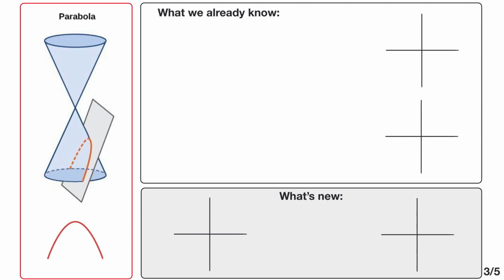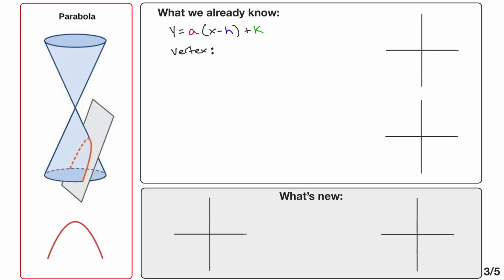The graphing form of a parabola is y equals a times the quantity x minus h, quantity squared, plus k. And from that we can tell the vertex.